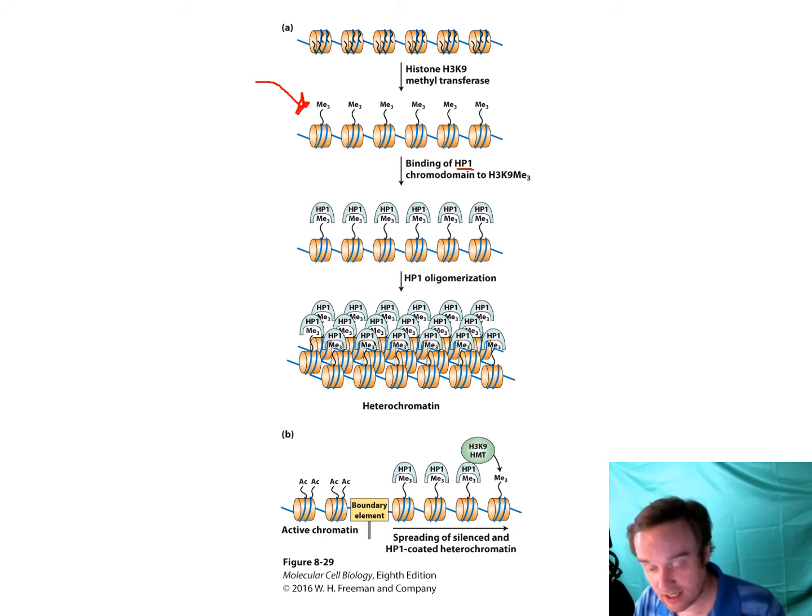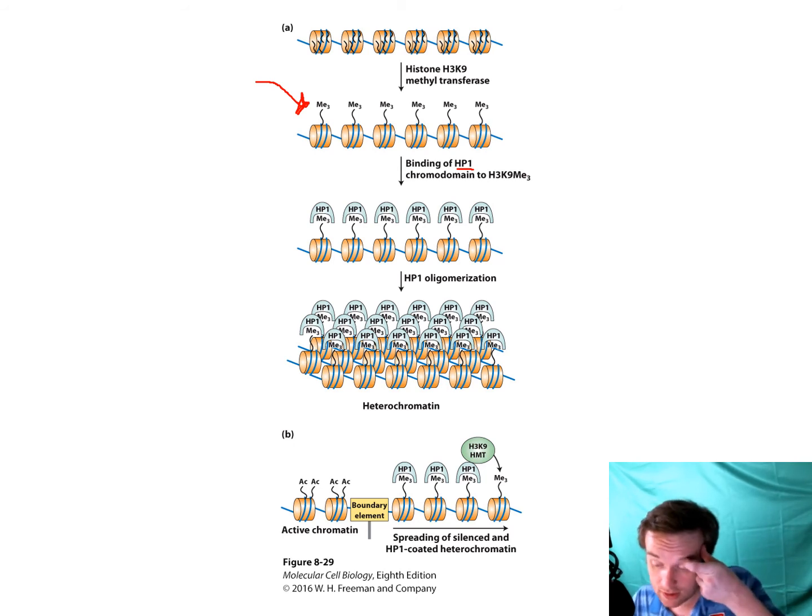So they contribute to this heterochromatin condensation by binding the histone H3 N-terminal tails that are trimethylated at lysine 9 and other HP1 molecules. They kind of act as glue to make this heterochromatin and really pull all that DNA and those histone proteins really tight together.